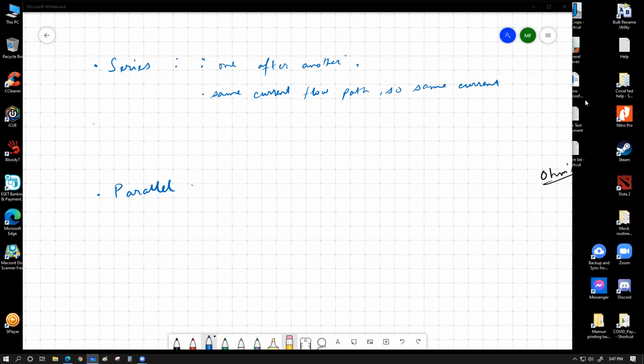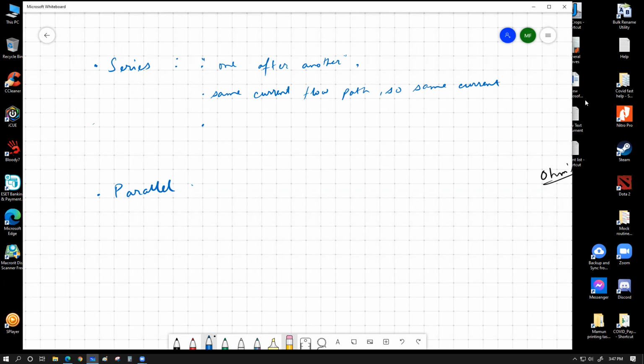Then I'm going to write sum of all PD equals to applied PD. I'm going to explain what this third bullet means. Second and third bullet, I'm going to explain all three of these bullets after a while.